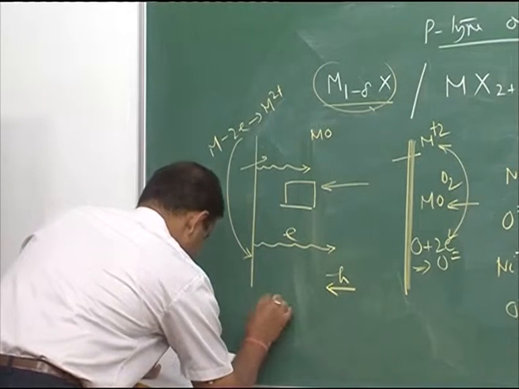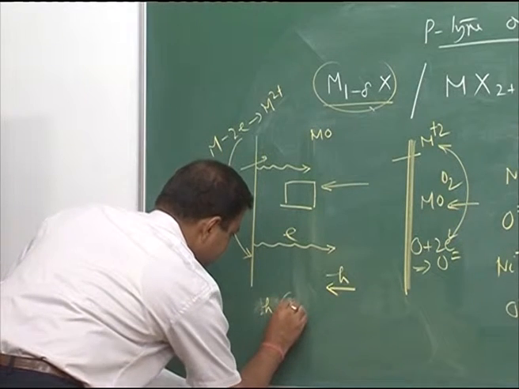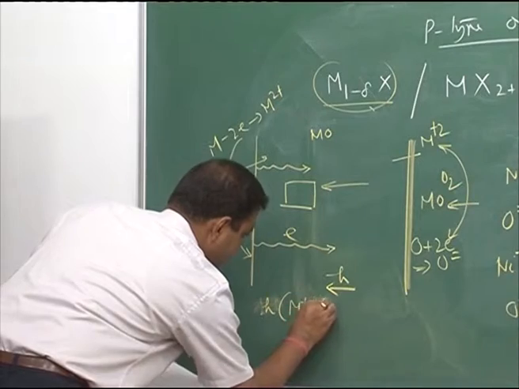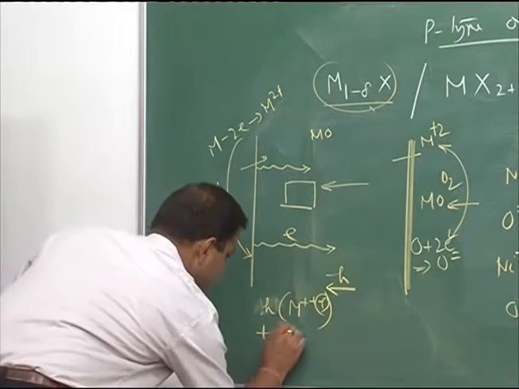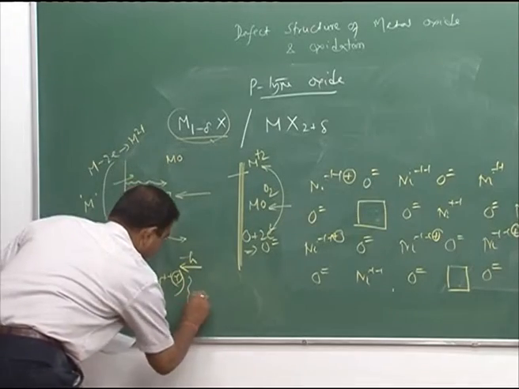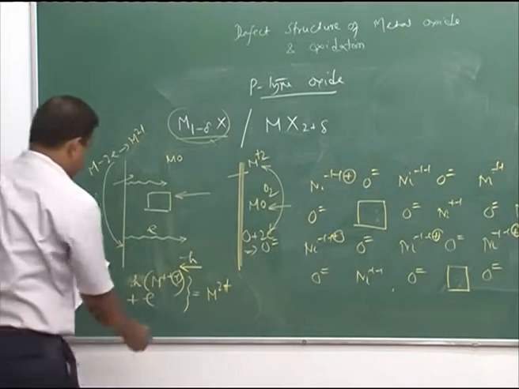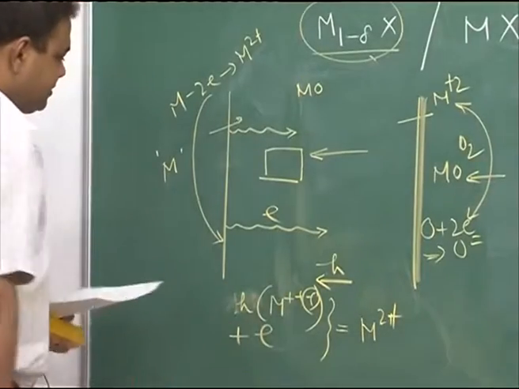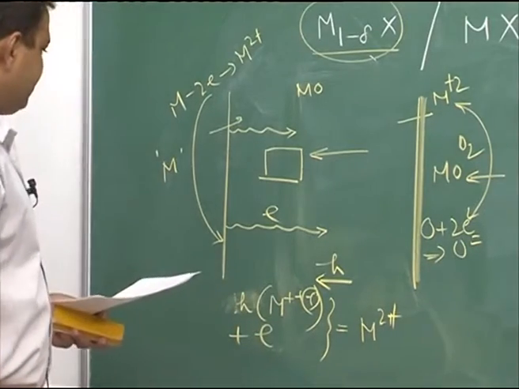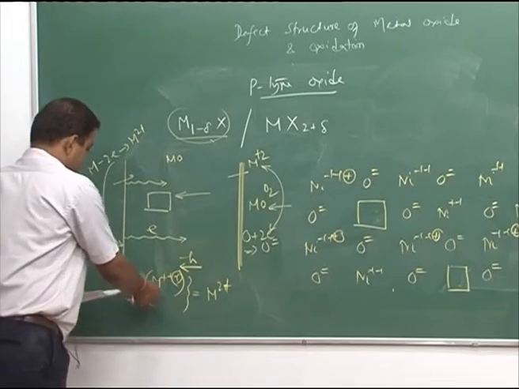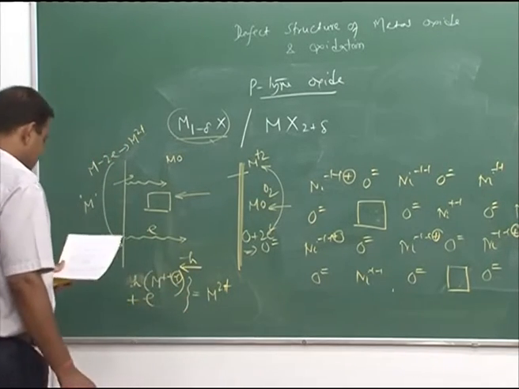We have a hole, which is nothing but M3+, this is actually the hole, plus an electron, which will form M2+. So, due to this hole and electron interaction, the trivalent metal cation reacts with an electron and forms M2+.